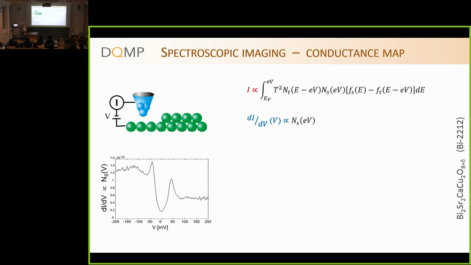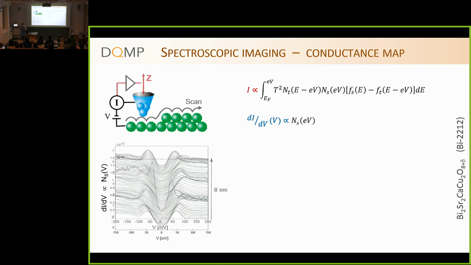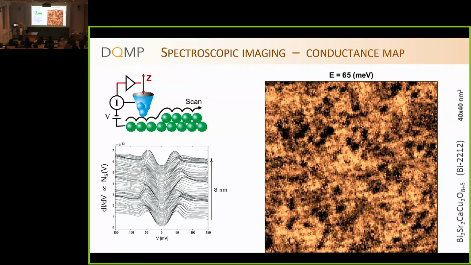This is always assuming that the tip is just a normal metal and doesn't have much features in the density of states. And then you scan the tip along the surface in some of the two modes that Eliot has shown, and at each point you take an IV curve or dI/dV curve. And then you can map for each position, so this is along a line, the conductance at a given energy, and you take a map of this.